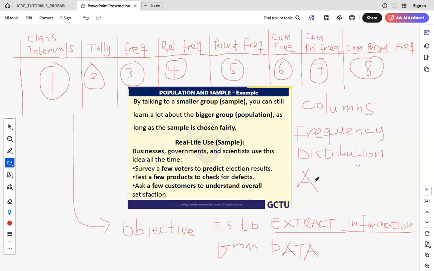The frequency distribution analysis, FDA. So we can now pick some sample problems and see how we formulate all these 8 columns and then get our answers, analyze and see how we are going to extract information from the data we are given.